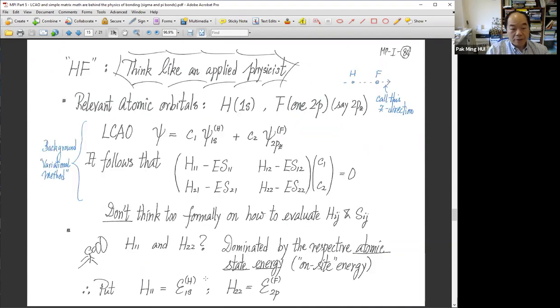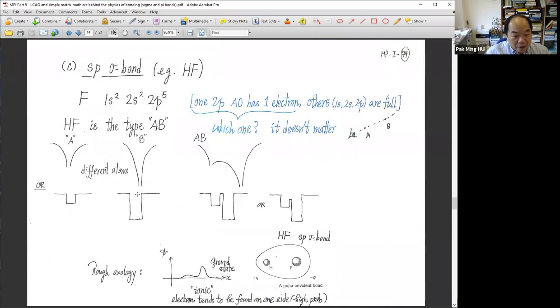So when you have this situation, immediately you can think about it as the following. The simplest LCAO will be fluorine 2p, all the others are completely filled. They will not engage in chemistry. The H gives the 1s.